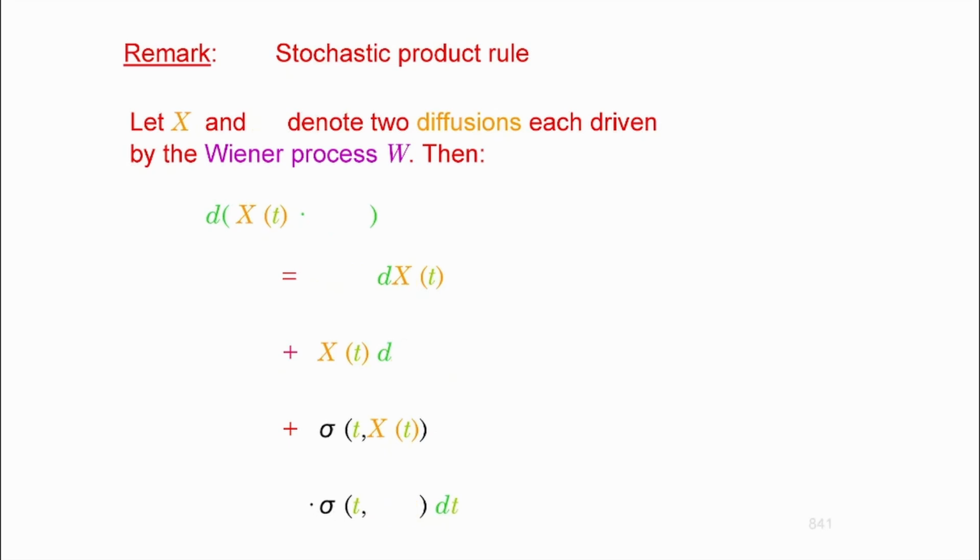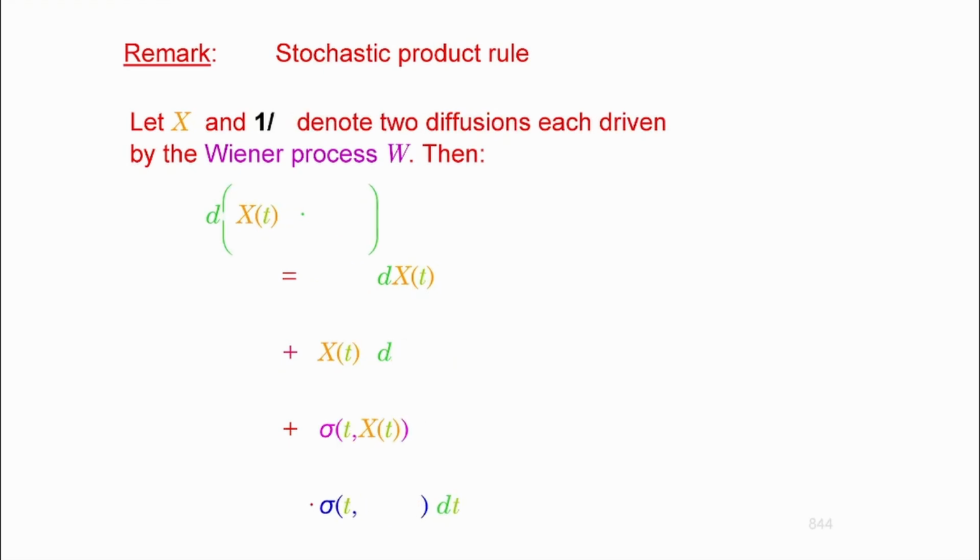Then I will apply this rule, where the second diffusion is the inverse 1 by z, and z was also a diffusion. So x and z are not the same. Z was the auxiliary solution to the homogeneous process.